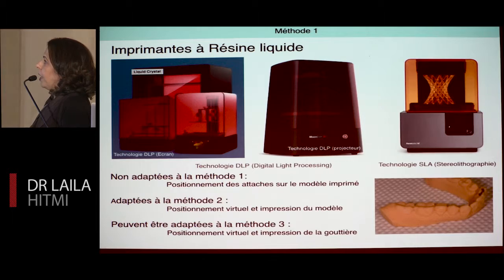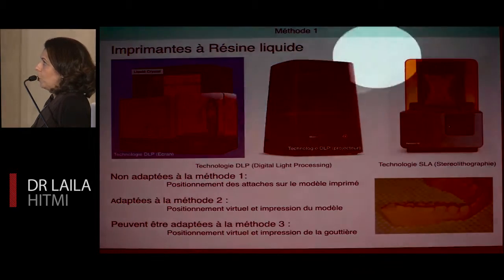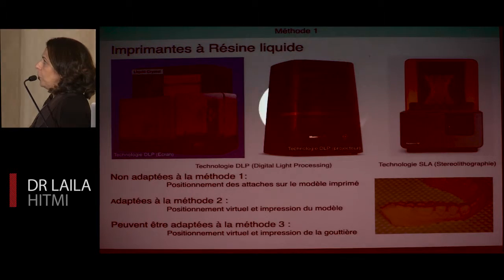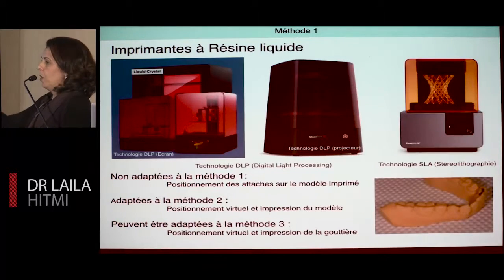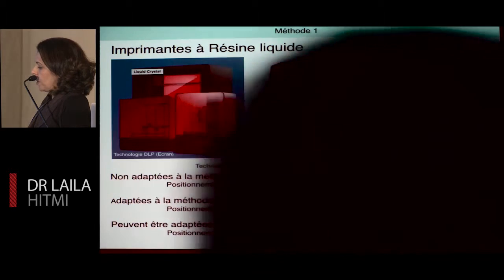There is the stereolithography printer type and the digital light processing type, 2 different types of printers. In the digital processing, a layer of resin is deposited, whereas the other system works by analyzing the light and light curing only the model layer. So it's 2 different technologies.